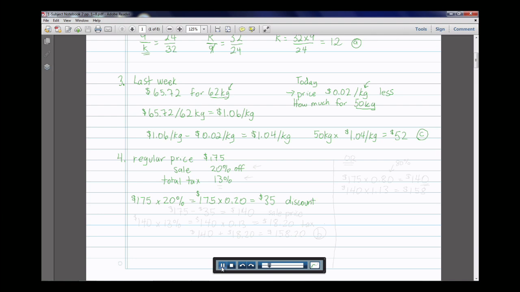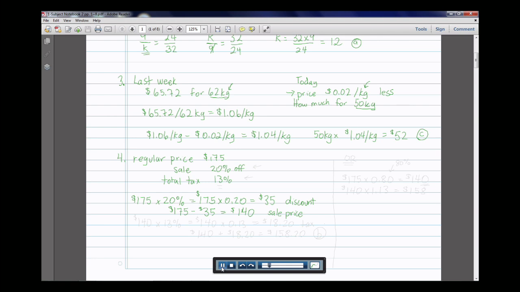So you take that off the $175 to find that your sale price is $140. Now, if you take a look, 140 is one of the answers, but you have to think, am I done?